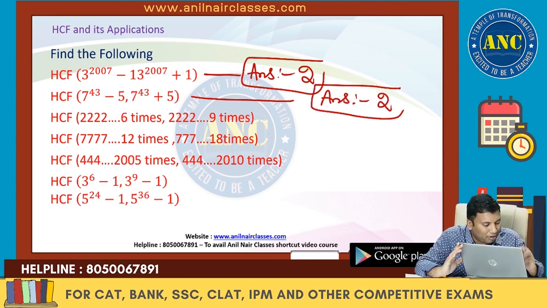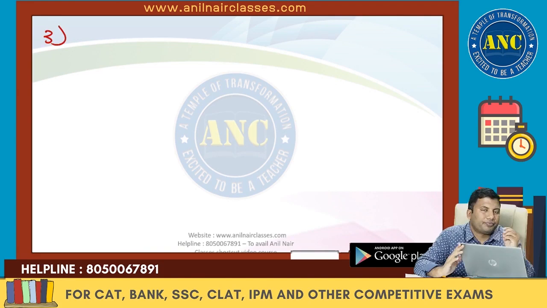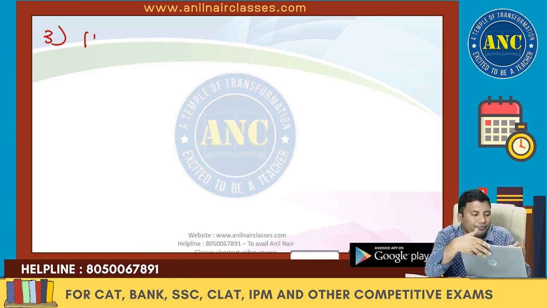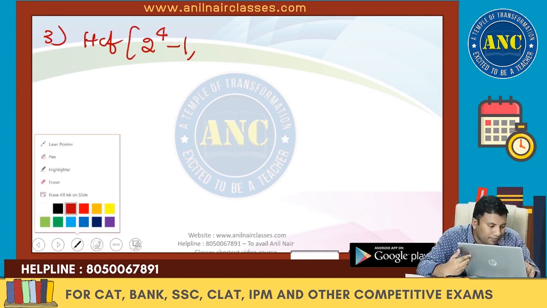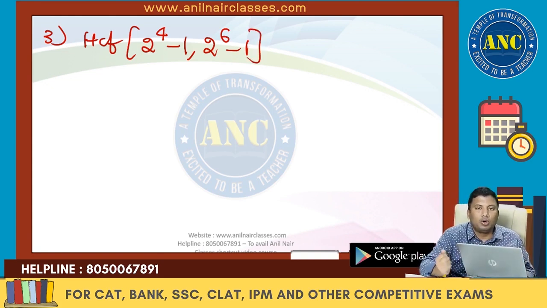Now, before we solve this third example, HCF of 2 power 4 minus 1, comma 2 power 6 minus 1. Another variety.